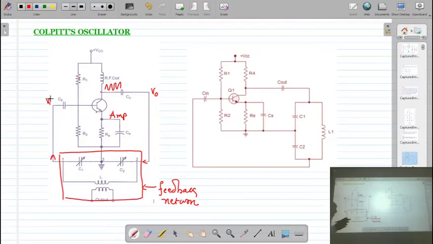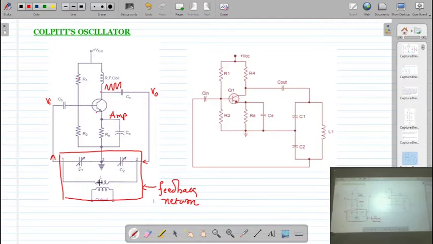Now in this feedback network, in a Hartley oscillator there was an inductor where here there is a capacitor, and a capacitor instead of the inductor. Correct? So only we replace the capacitor with the inductor and the inductor with the capacitor, and then it forms a Colpitts oscillator.